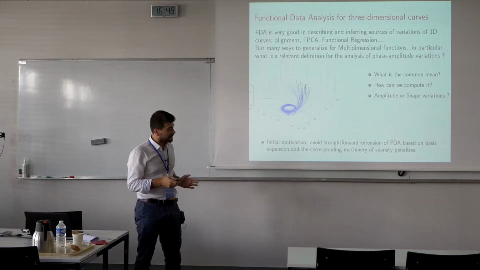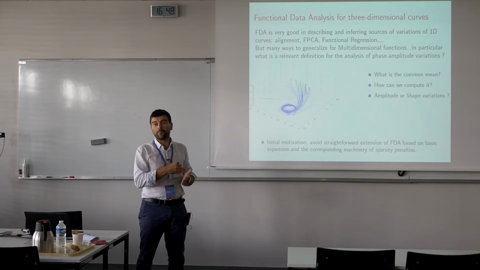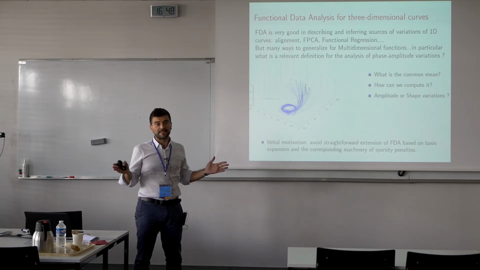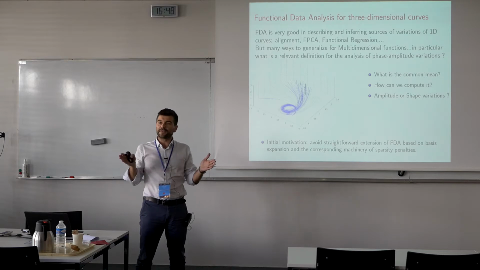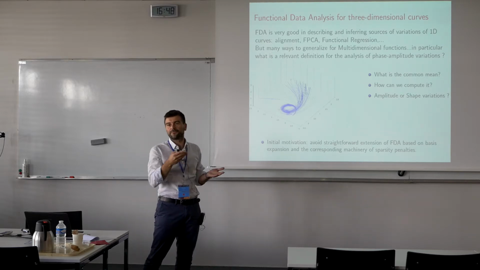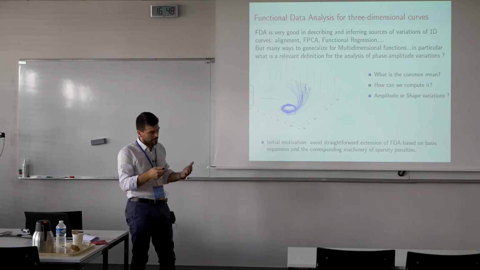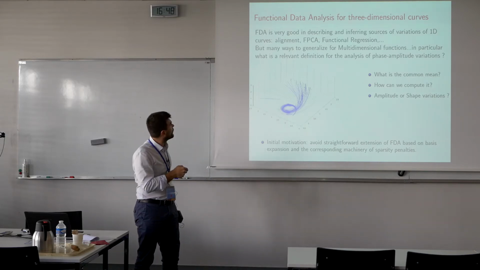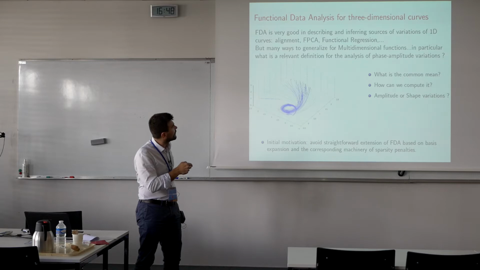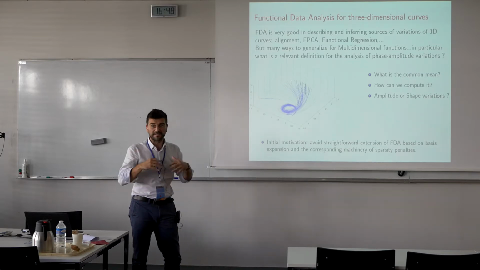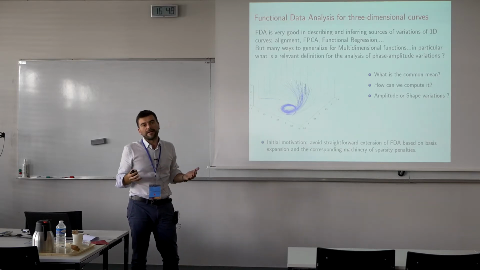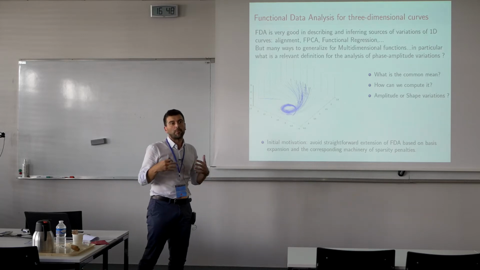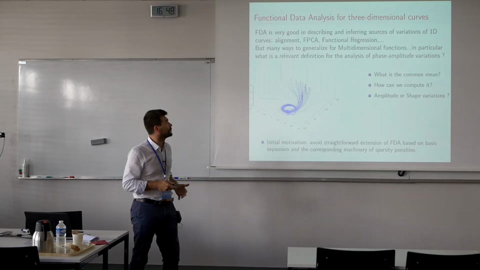When you have a 1D curve, you can deal in an obvious way with the phase variations, which is the x-axis variation, and the y-axis variation. With that, you can do statistical analysis, alignment, FPCA, functional regression, because it's very clear. You have, in a way, no question about what is a good way of representing your data.